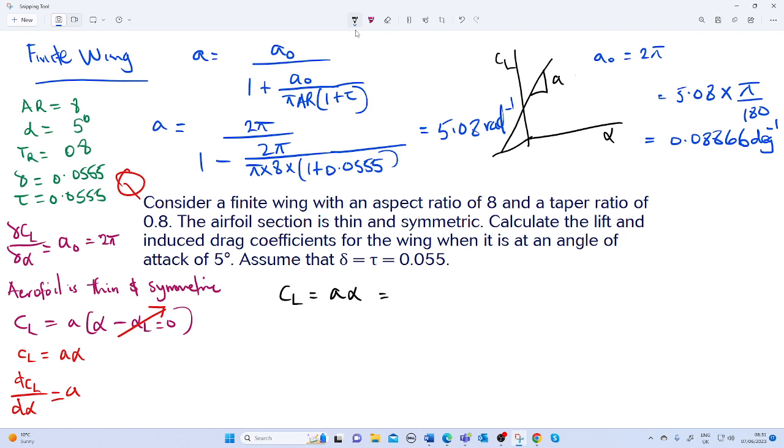That gives us 0.08866 multiplied by the angle of attack alpha, which is 5. That gives us 0.4433.